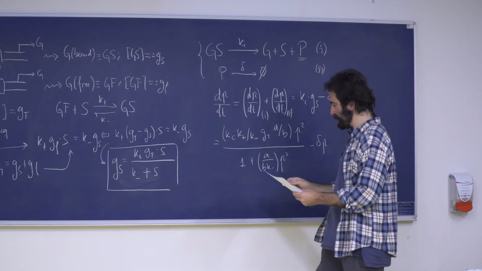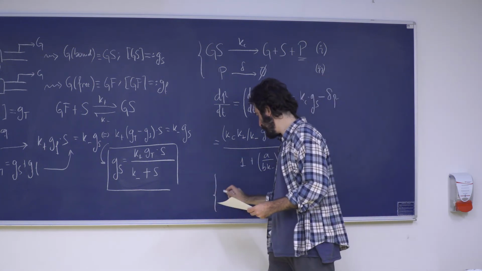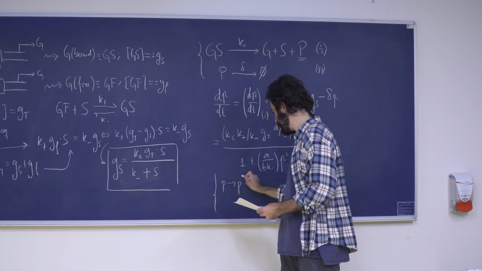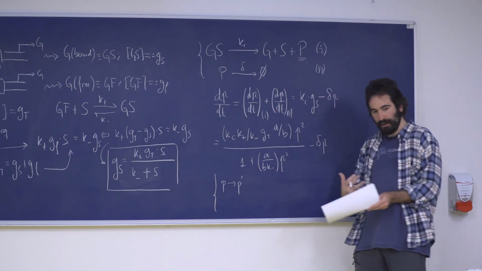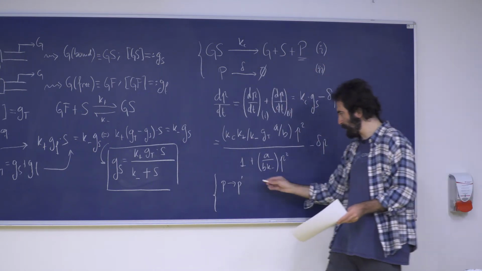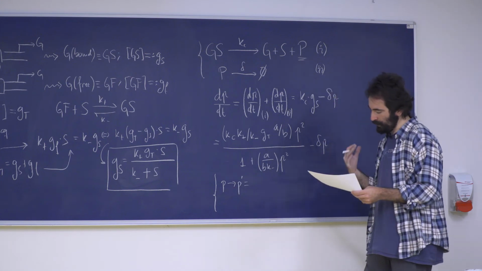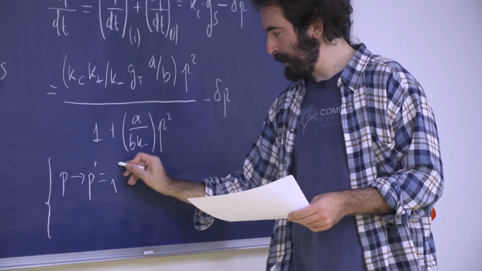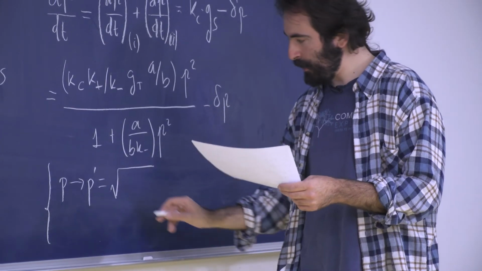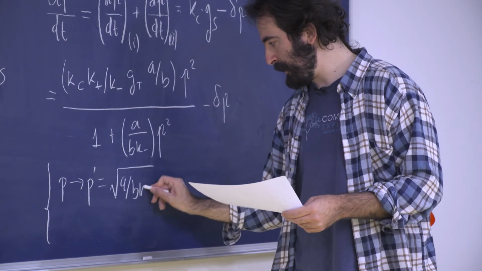And the way to do this, we've done this before already, is I'm going to call P, I'm going to use P prime for this redefinition of the units of P. And remember, this is the amount or the concentration of protein. And I'm going to be calling it the square root of A divided by B K minus.